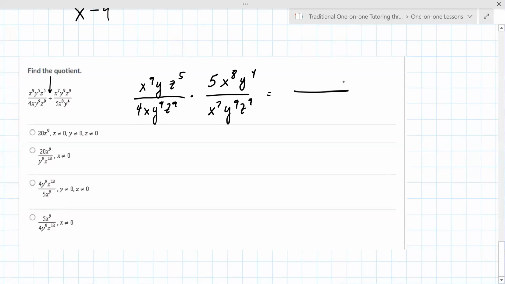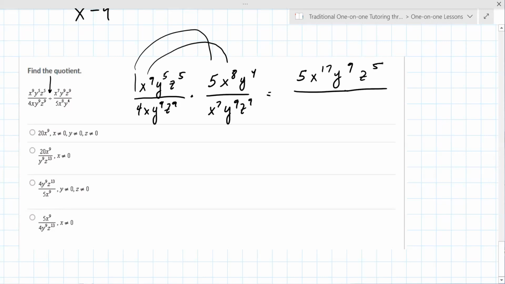Okay. So now the top, we have a 1 and a 5. That's 5. X to the 9th, X to the 8th. So that's X to the 17th. Y to the 5th, Y to the 4th. So that's Y to the 9th. Z to the 5th. And then there's no other Z's.